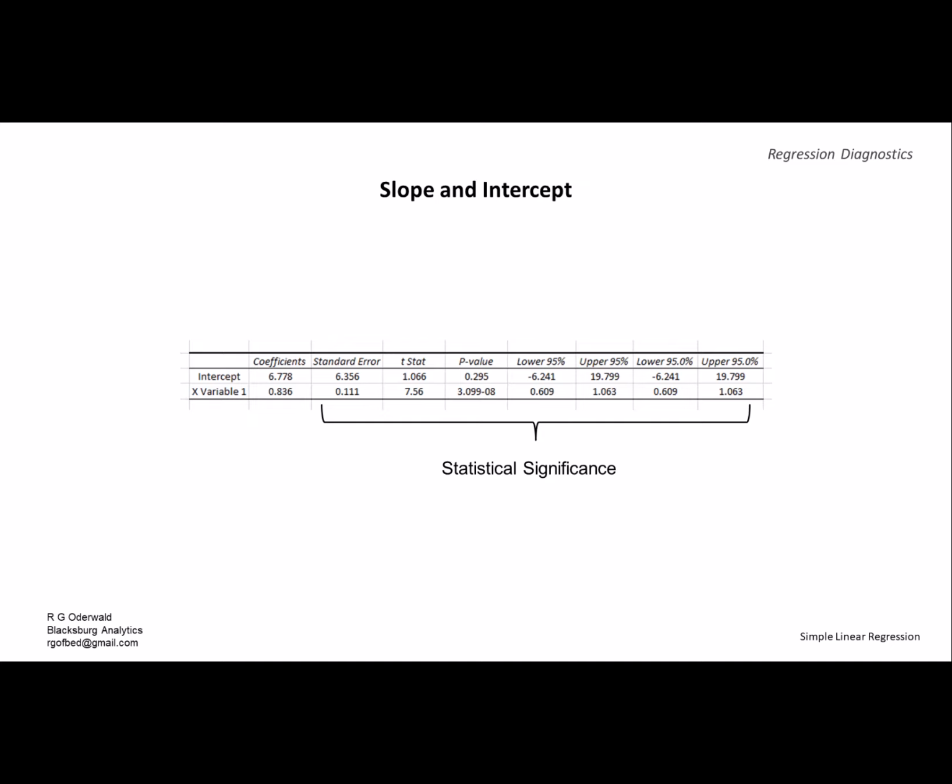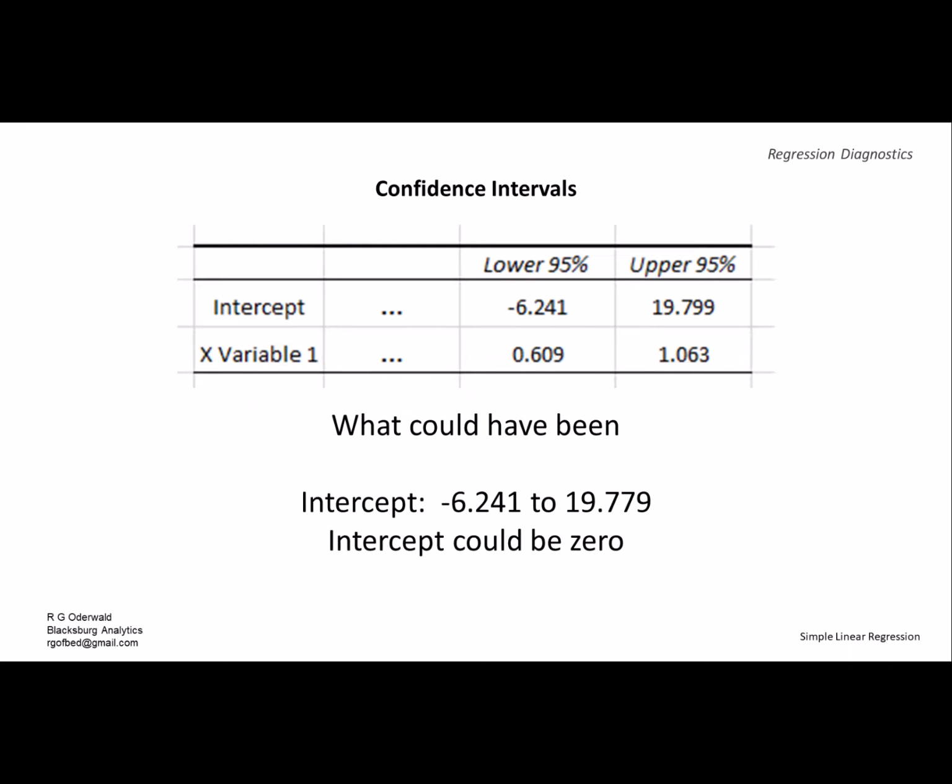But the easiest way is the confidence interval columns. Confidence intervals can be thought of as what could have been if another set of data was gathered for the same situation. The intercept could have been as low as minus 6.241 or as high as 19.779.